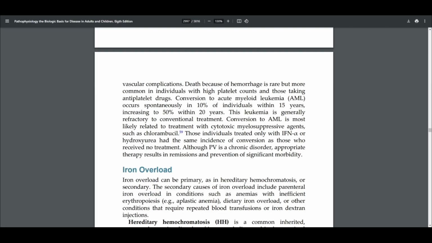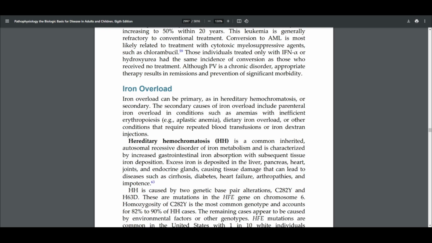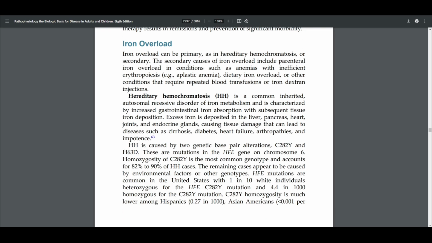Those individuals treated with an alpha interferon or hydroxyurea had the same incidence of conversion as those who received no treatment. Although PV is a chronic disorder, appropriate therapy results in remission and prevention of significant morbidity.